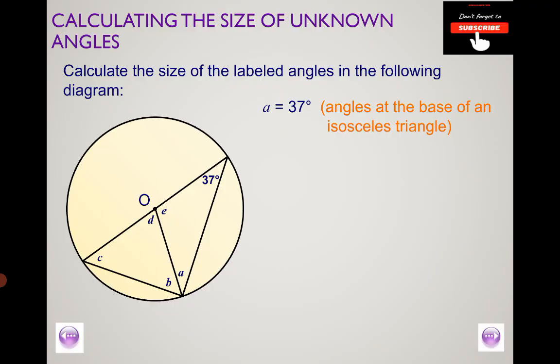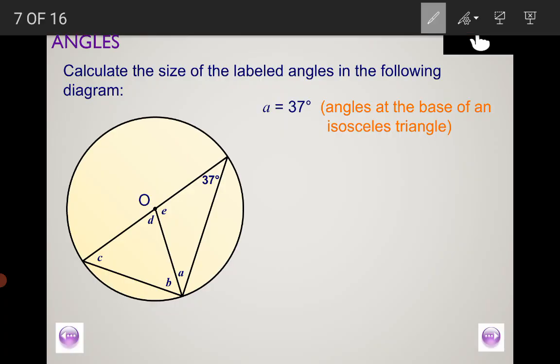Okay, so how can we find angle A? Angle A is this one here. If we know this angle, then we can find angle A very easily, because angle A and the 37-degree angle are in a triangle which is isosceles. Remember that base angles of an isosceles triangle are equal.